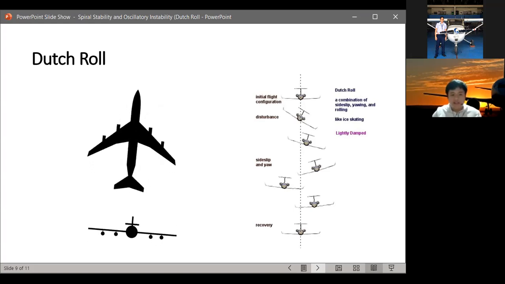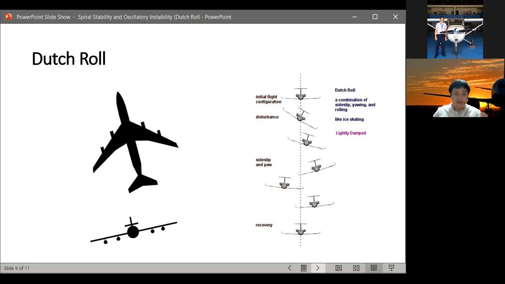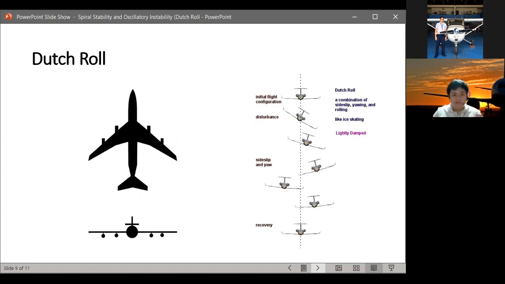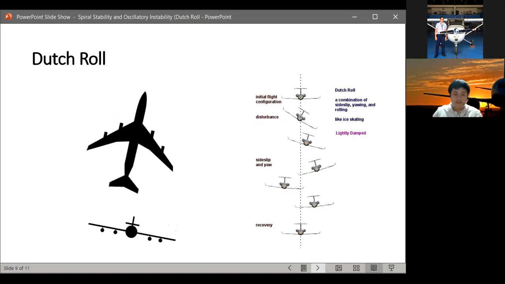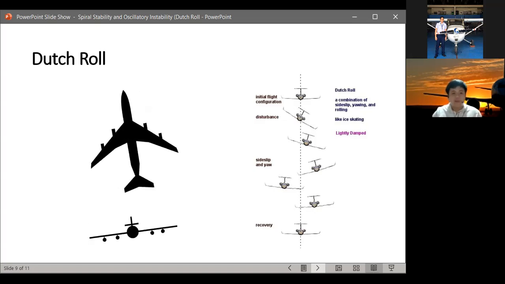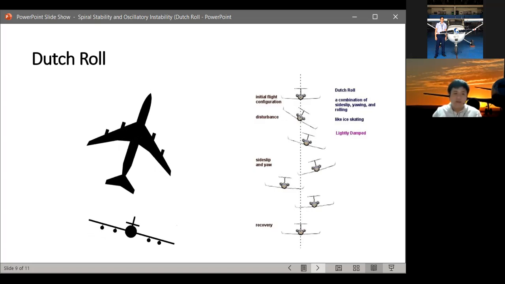While it is rolling to the right, it has at the same time a yaw effect to the top part, if we check the bird's eye view of the plane. But if we check the frontal view, we can see the airplane also rolls.